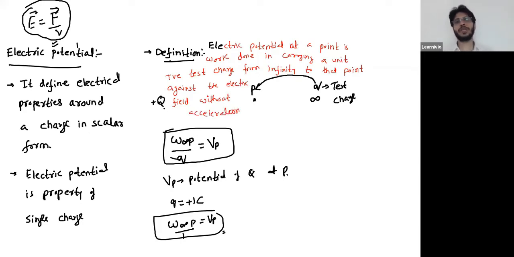So this is how we define potential at a point. Work done in carrying a unit positive test charge from infinity to a point against the field without acceleration. This without acceleration is important.